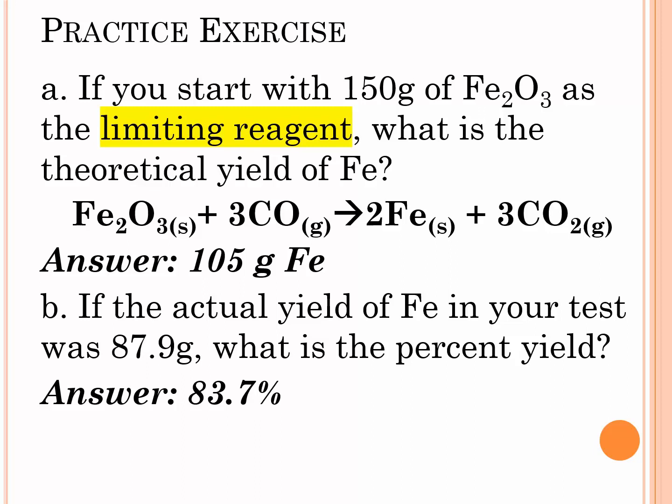Now, this is 105 gram of iron. Now, if the actual yield of iron in your test was 87.3, what is the percent yield? So, actual divided by theoretical times 100, and you will get this answer.